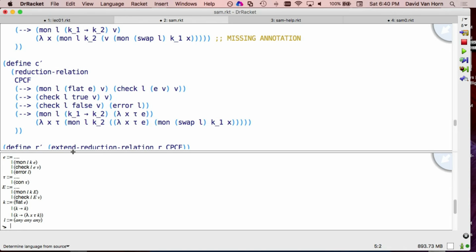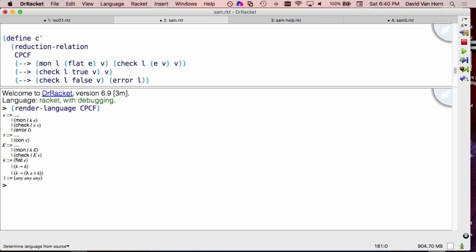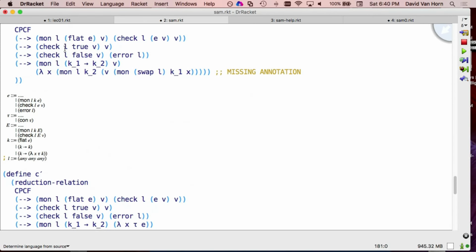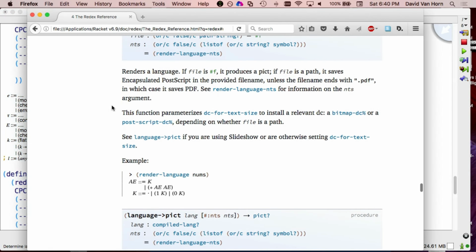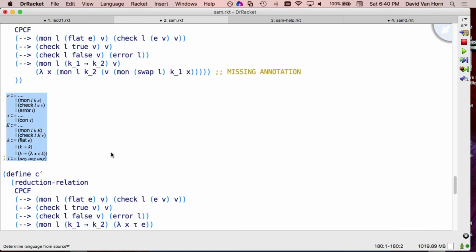Okay, so notice it produces an image. You'll also notice that DrRacket is totally cool with things like this in your source files, but it renders an image that you could include in a paper that's like, this is what the grammar of your language is, and you can do this with things like meta functions too.